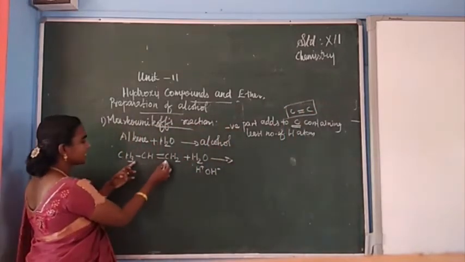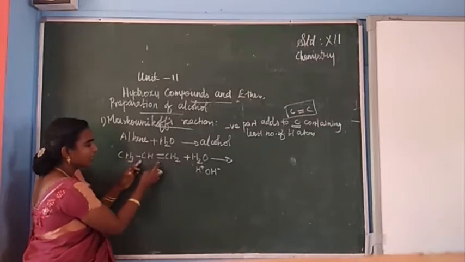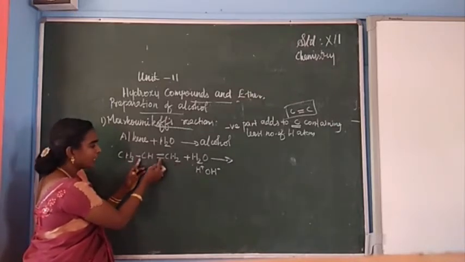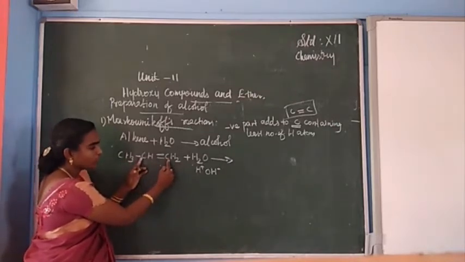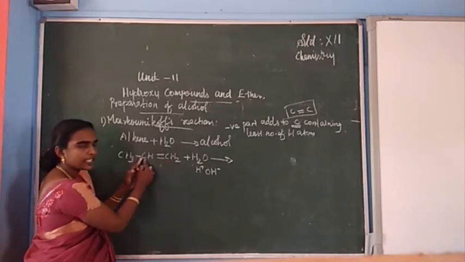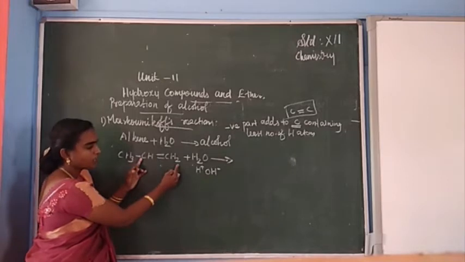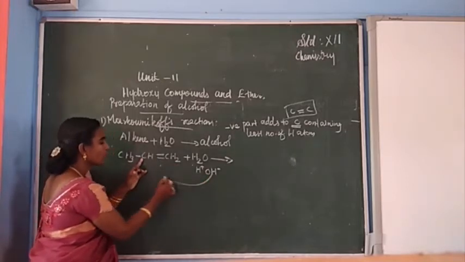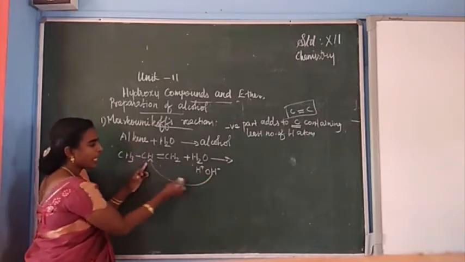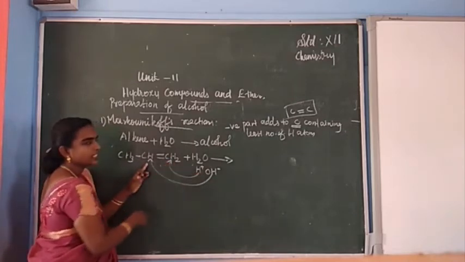When you consider this compound, take these two carbons. Among these two carbons, this carbon contains the least number of hydrogen. Here one hydrogen, here two. So we can say this OH will move to this carbon and H plus will move to this carbon.